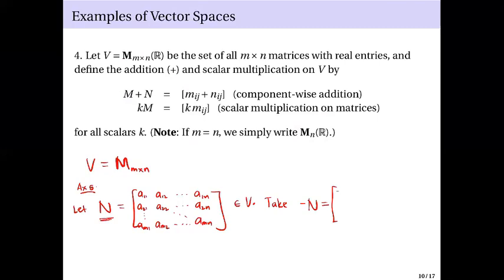So this will be negative a11, negative a12, etc., negative a1n, negative a21, negative a22, etc., negative a2n, and so on, and then negative am1, negative am2, and negative amn.